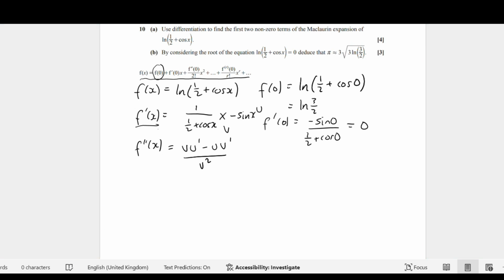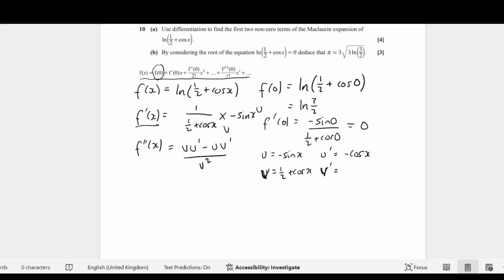On the side I'm going to write u equals minus sin x, u' equals minus cos x, v equals 1/2 + cos x. These v's and u's look very similar, so try to make them clearer when you're writing it.